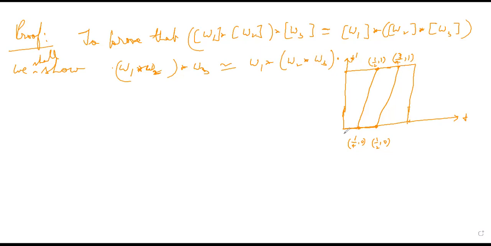So here you have omega 1, omega 2, omega 3, right?